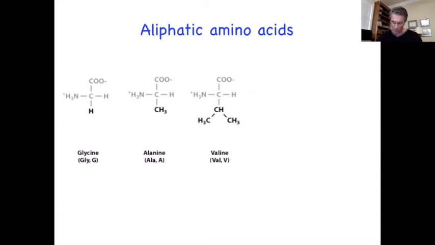If we replace that methyl group with a methylene and then branch at that carbon to put two additional methyl groups on there, we now have valine. All right, so these are sometimes known as branched amino acids, right? You have alpha branched and beta branched. I'll show you an example in a minute.